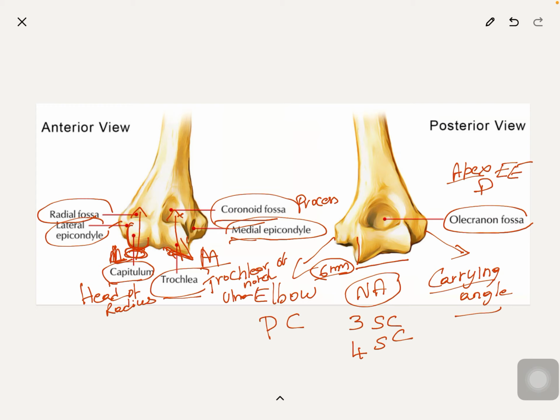I am not going to tell all the details, but roughly, one primary and seven secondary centers. Then one more nerve related to the humerus is the ulnar nerve behind the medial epicondyle. So I have told three nerves related to the humerus: the axillary nerve around the surgical neck, the radial nerve in the spiral groove, and the ulnar nerve behind the medial epicondyle.